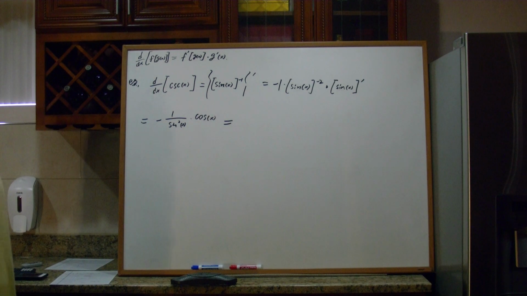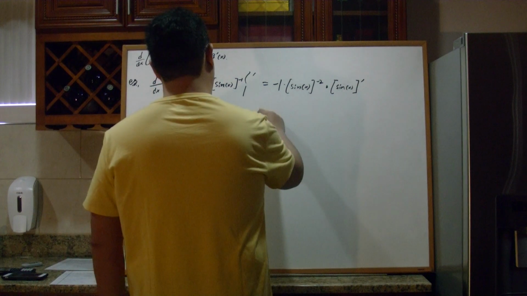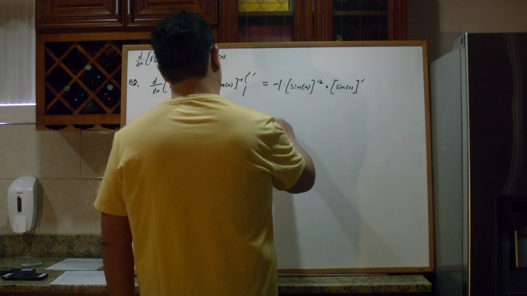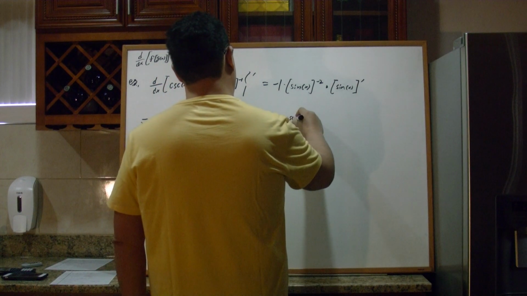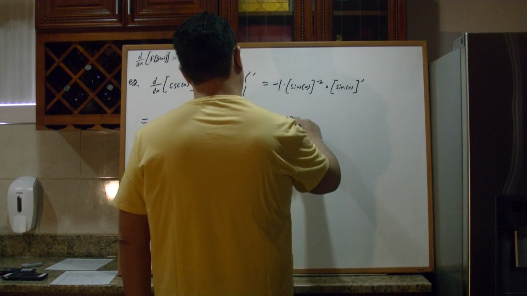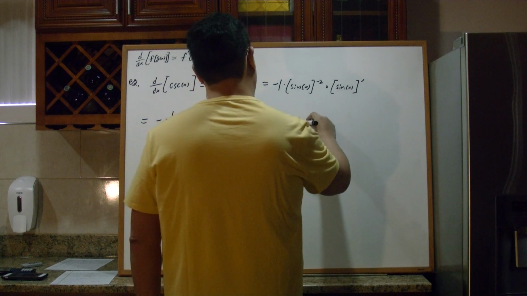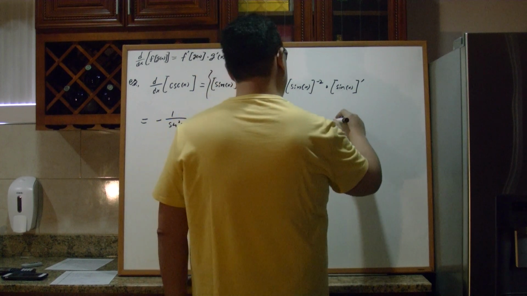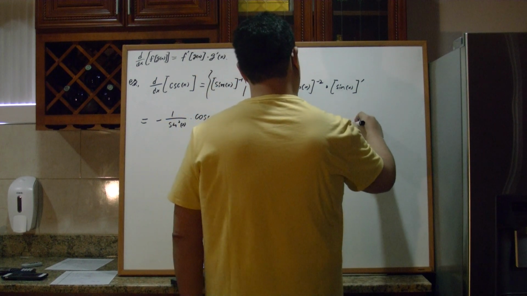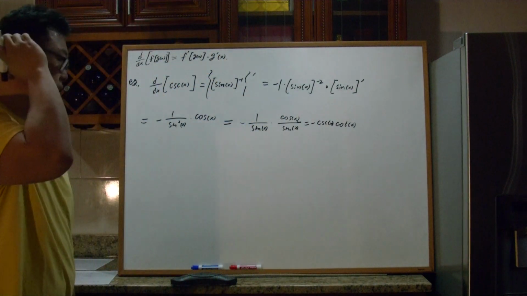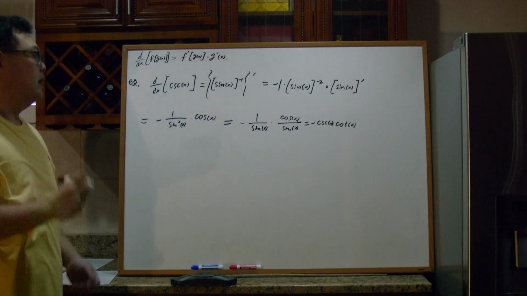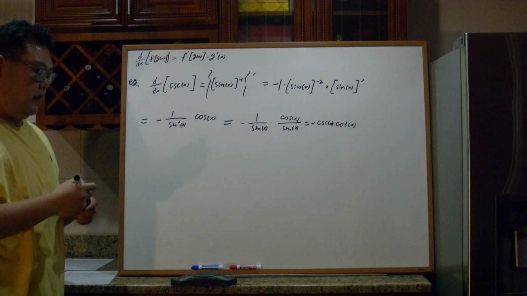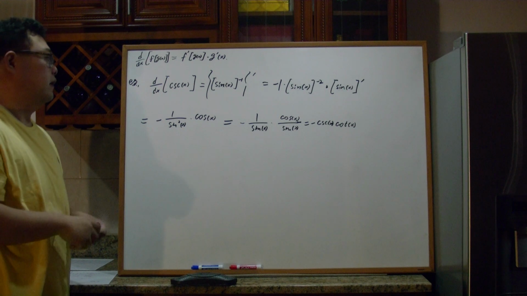Right, and we can separate them to be negative 1 over sine x, cosine x over sine x, negative cosecant, cotangent. Right, that way we apply the chain rule here actually. We're able to resolve the formula nicely.